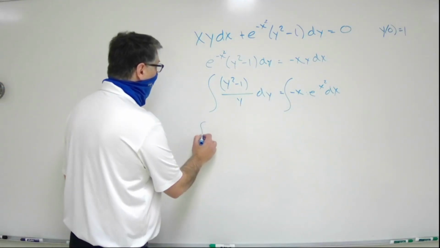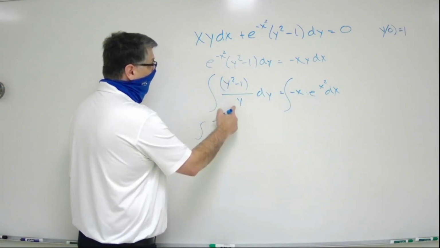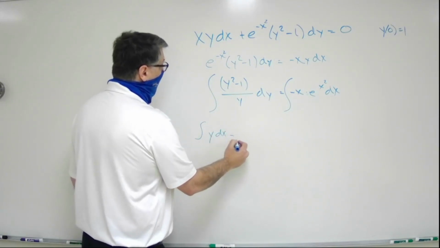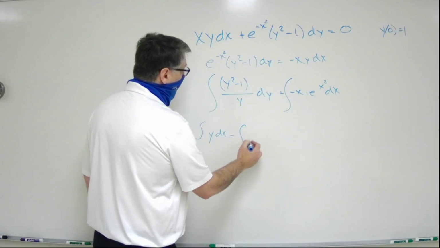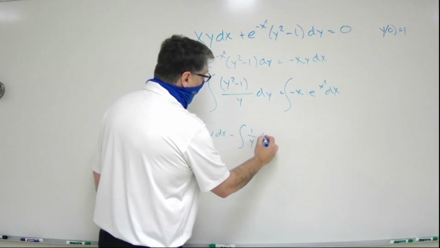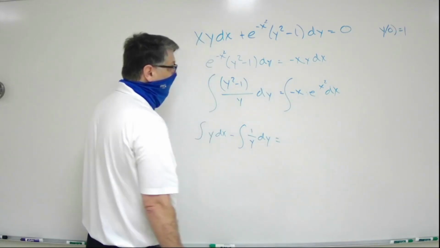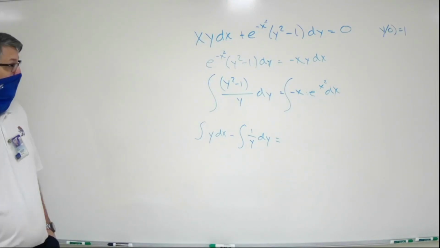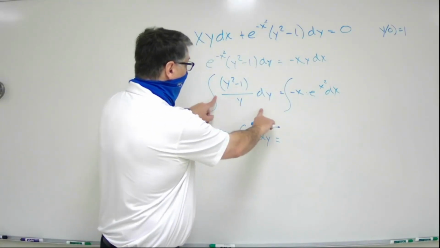So we're going to do the integral of y squared over y, which is just y dy, minus the integral of 1 over y dy equals, okay, I'm okay with that. So we just split this into two different terms.